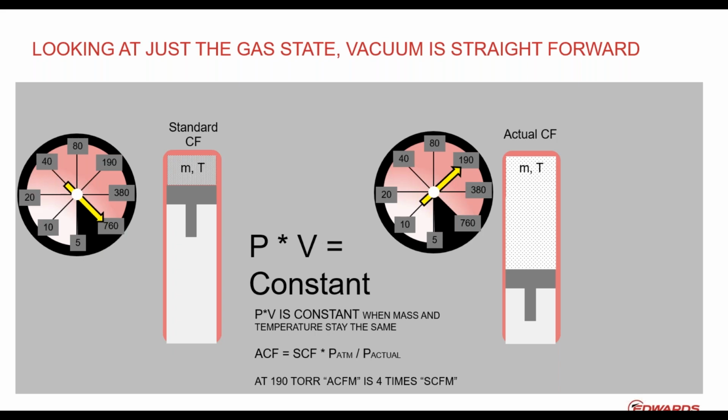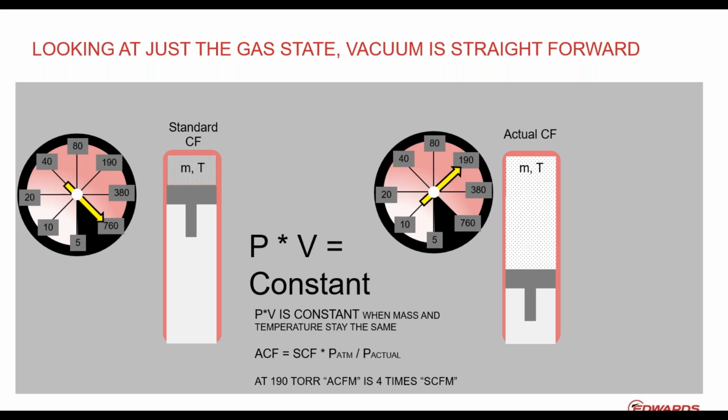What it means is if you're solely in the gas state, like looking on the left with the piston up and the gas, basically pure gas, enclosed in that chamber, assuming it has a certain constant mass and temperature, that has a certain volume, and assuming that volume is under atmospheric conditions, 760 torr, that's what the pressure gauge illustrates here.